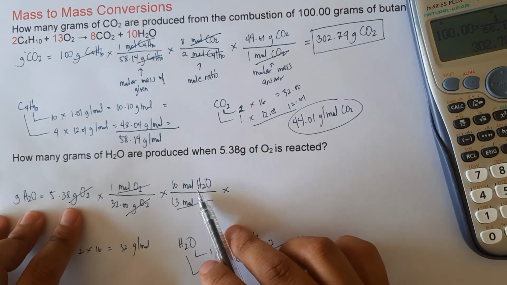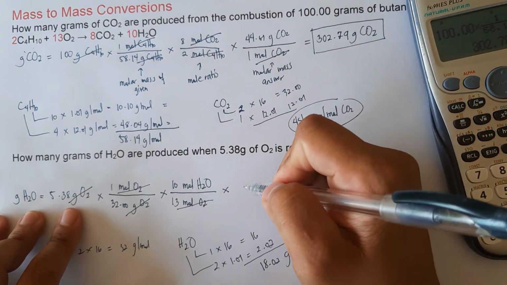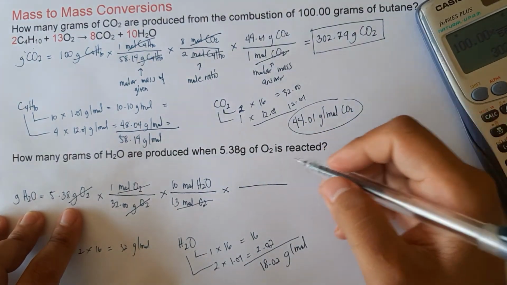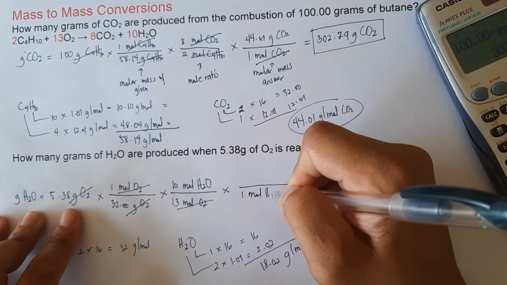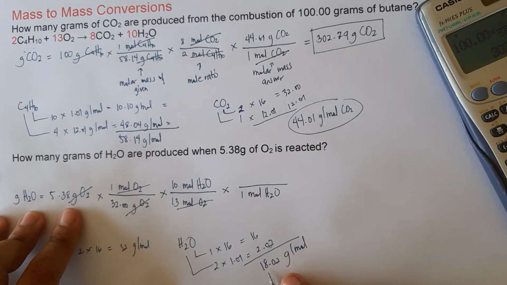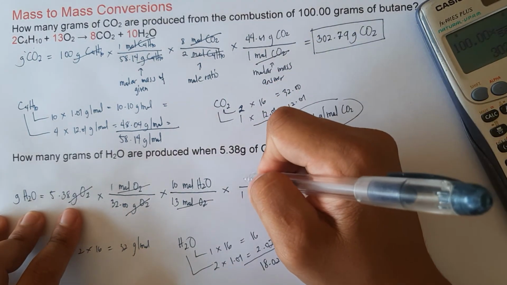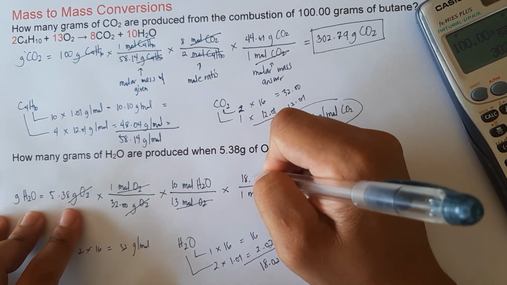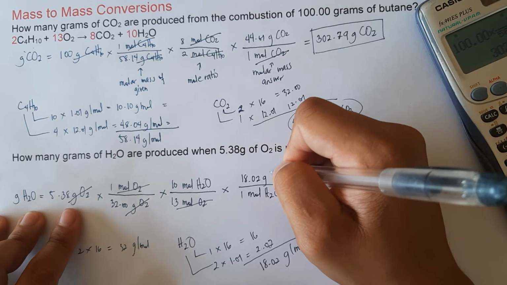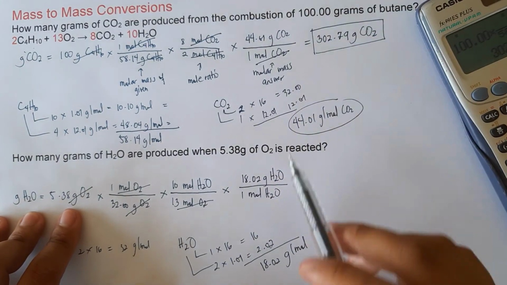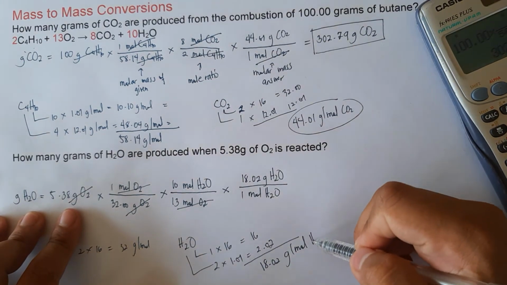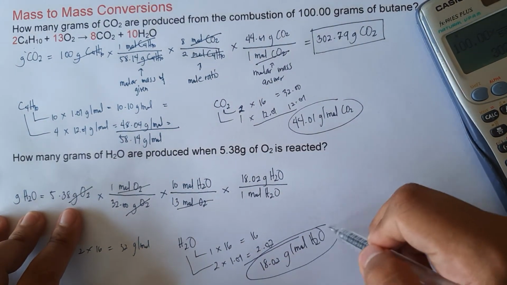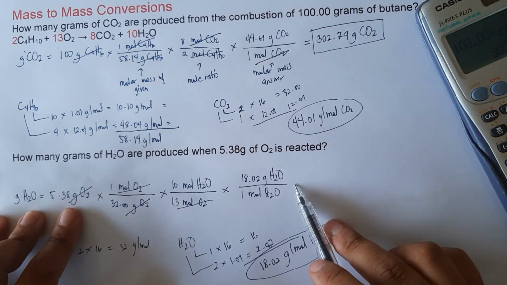So, again, kailangan nating makancel si mole. So, ibig sabihin sa ilalim ang mole. So, that is in every 1 mole of water, gaano kabigat? That is 18.02 grams of H2O. So, yan po. Ulitin ko po, ito pong isang ito, this one, and this one are just the same.